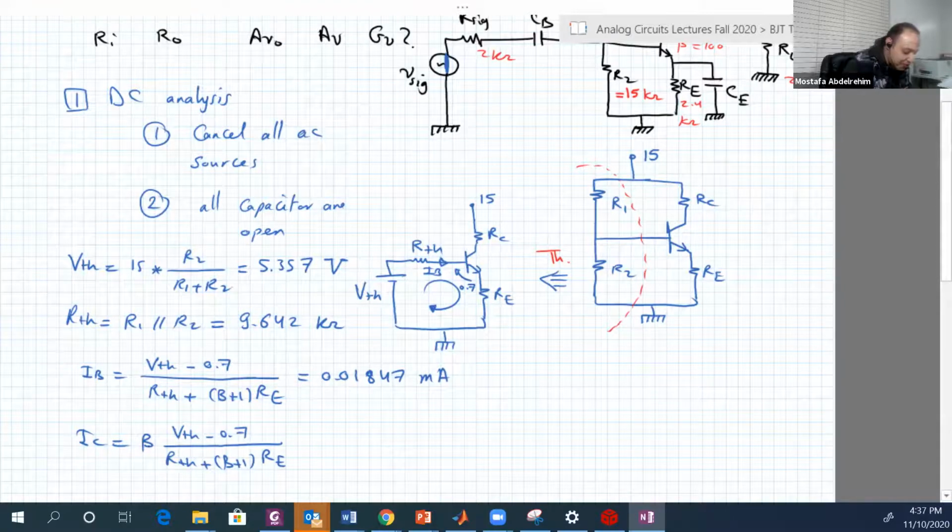But now there is beta in the numerator and another beta in the denominator. Remember, beta plus 1 is approximately equal to beta. So a change here will be cancelled by a change in the denominator. So that circuit is more stable. And when we put the capacitor, this will cancel the effect of RE in the AC portion. So the gain will still be high. It's a trade-off.